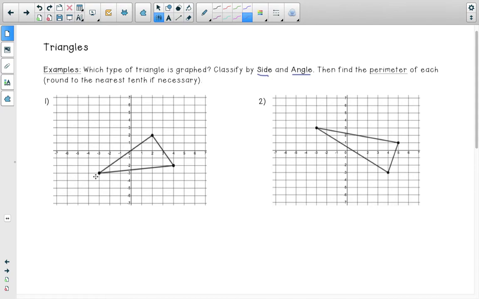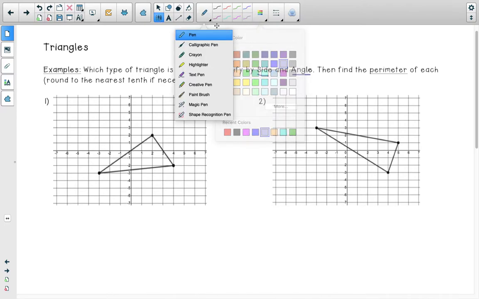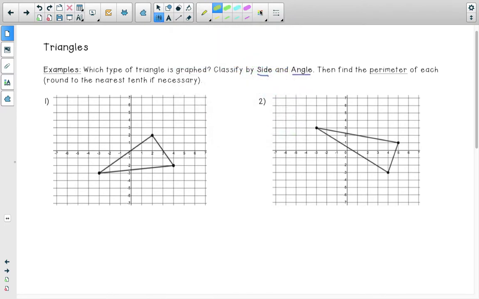So first, we're just going to mark the sides to know which sides we're dealing with. I'm going to use a highlighter to show the different sides. I'm going to use green on this side down here.